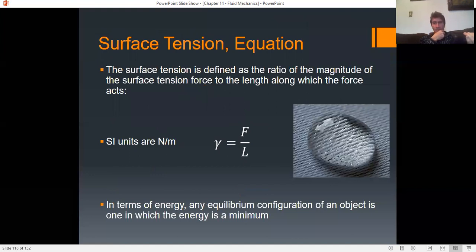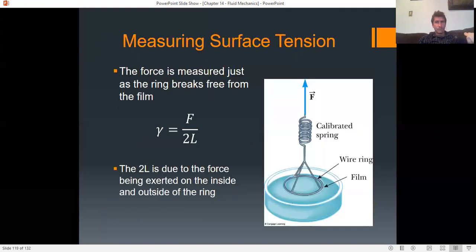And here's the surface tension units. It is a number of newtons that we get for the length of the object on the surface of the water. We can measure it using a device like this. See how much force it takes to pull the wire ring off a film of water.